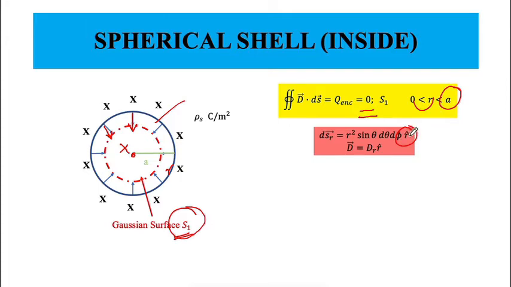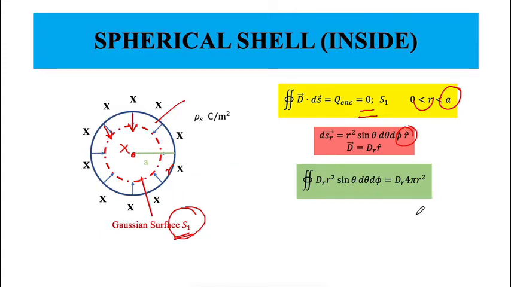If I take the dot product between the two, I am going to get Dr times r squared sin theta d theta d phi, integrated over the sphere. Now I also know that my D field does not depend on phi and theta because of the symmetry condition.